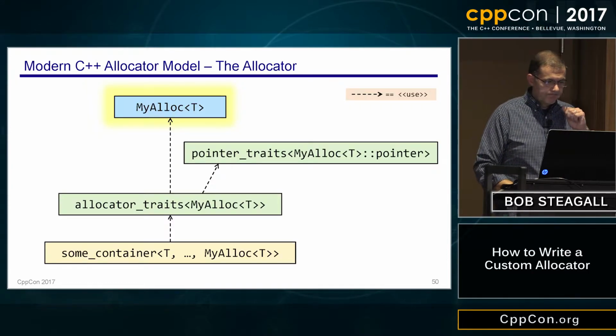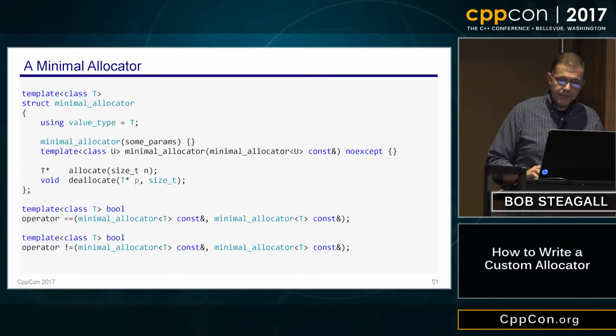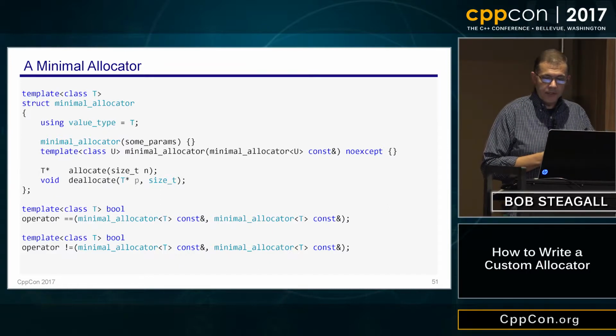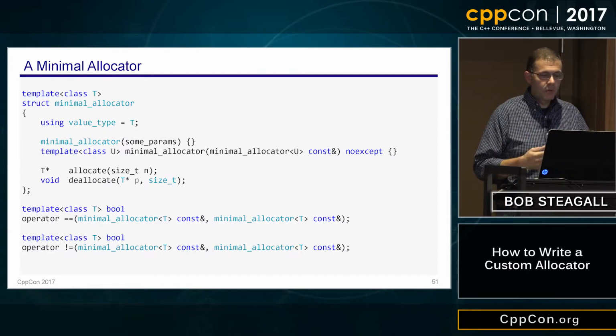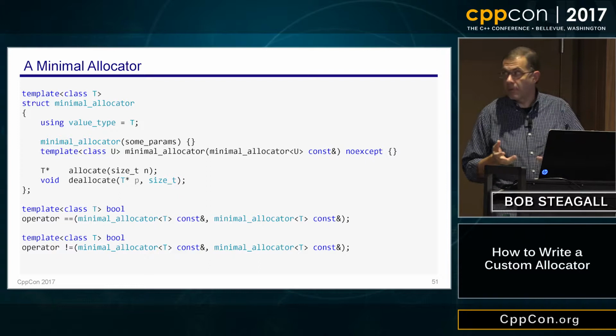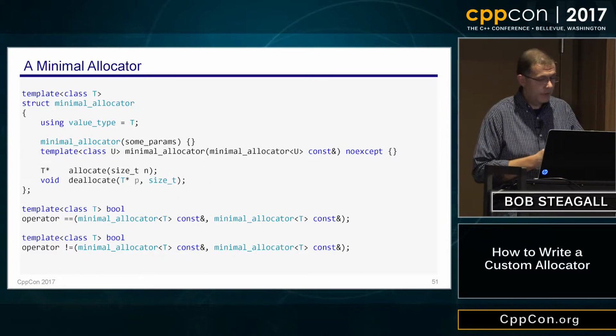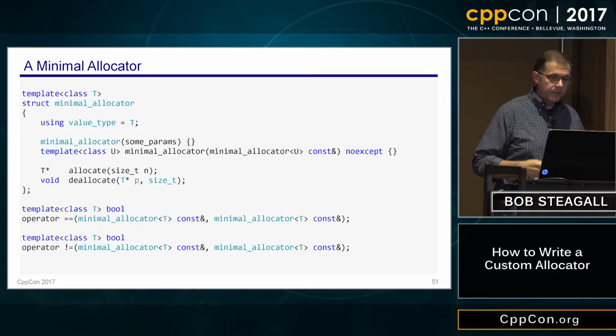So we've looked at allocator traits and pointer traits, so let's look at allocators themselves. Here's an example taken from the text of the standard itself of a minimal allocator interface. This is the minimum amount of work you have to do to create a standard conforming allocator. You have to provide a nested value type alias.